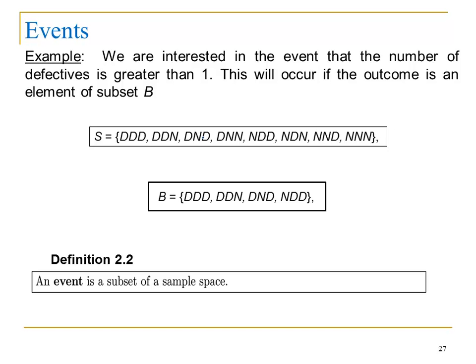If we do that, these are the outcomes that satisfy that condition. We have 3 defectives, 2 defectives, 2 defectives, and 2 defectives. All those outcomes have more than 1 defective. So again, an event is a subset of the sample space, and our event in this case is denoted by set B.